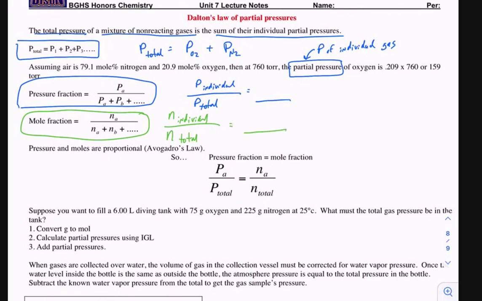Now, what you learned last class from Avogadro's law is that moles and pressure are proportional, right? And volume is proportional as well. So what that means is that the pressure fraction is indeed equal to the mole fraction. And this is going to be very useful because sometimes you need to figure out how many moles you have in something. You don't know the moles, but you do know the pressures, or vice versa.